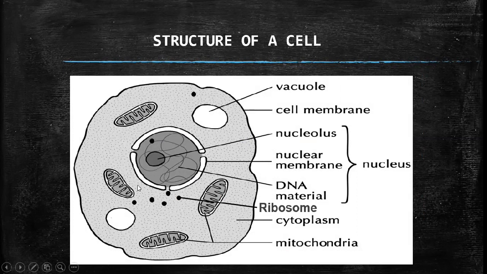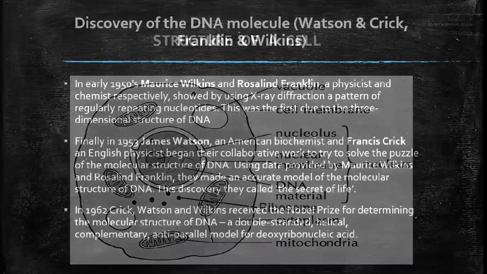We're also going to do protein synthesis, but not in this lesson, in a different lesson. It's also important to know these tiny dots, these tiny structures, your ribosomes, and of course your cytoplasm. I don't want to dwell much on the structure of a cell because we all did this in grade 10. It's grade 10 work.